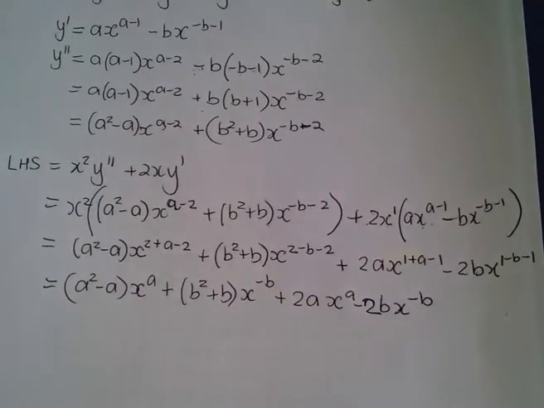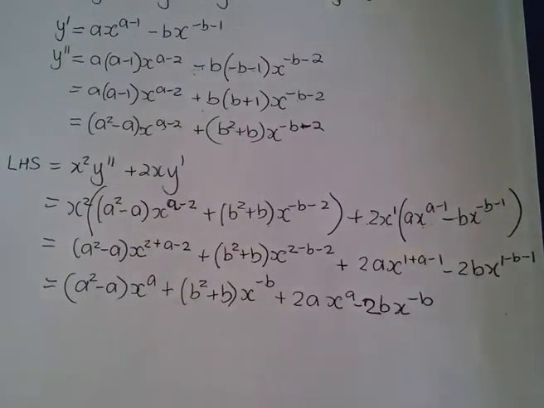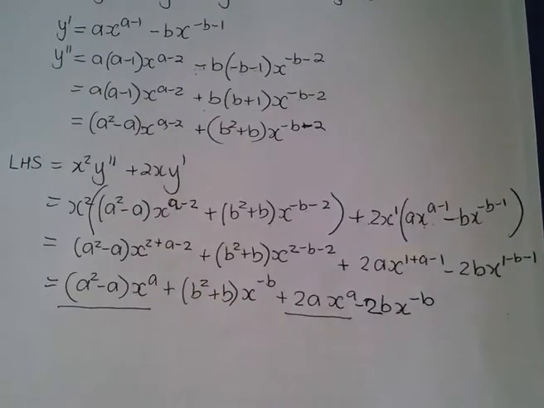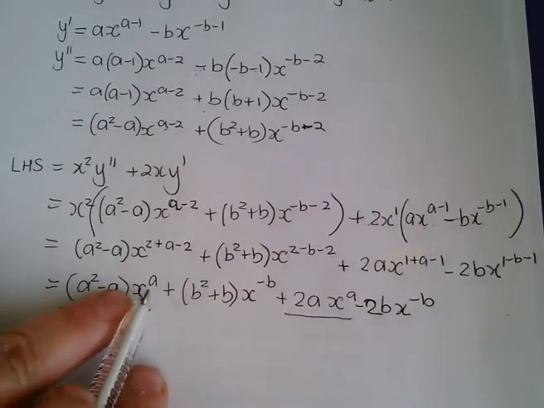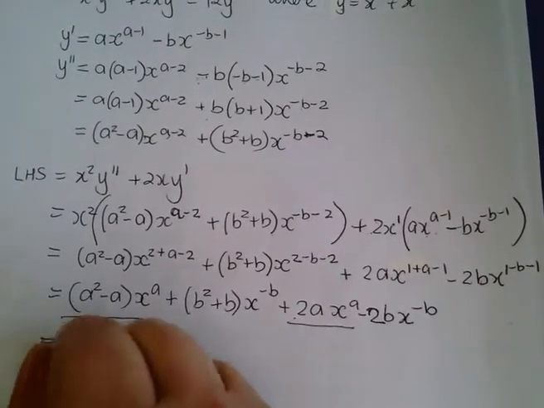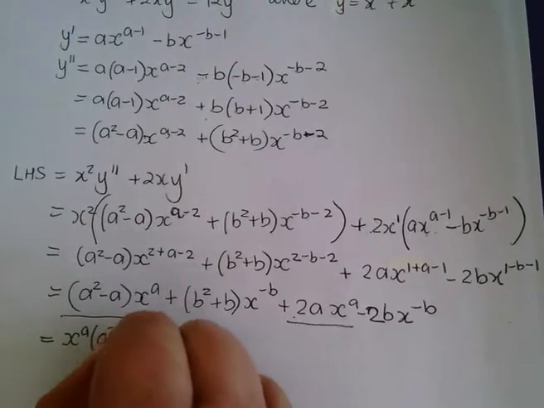Now I've got like terms. x to the power of a's are like terms. So I've got a squared minus a of those plus 2a of those. They're the same thing. So I've got x to the a, squared minus a plus 2a.